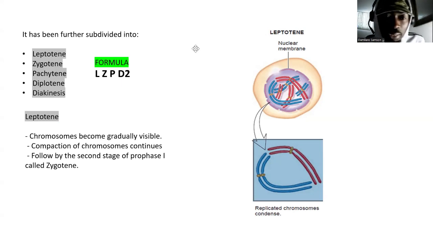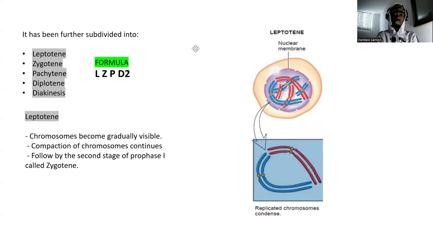So I gave it a formula, which is right in front of it here, which is LZPD2, meaning 2D. We have 2 of D there. We have L, we have Z, and we have P. So you can rearrange and put it in any form you feel you will quickly remember.